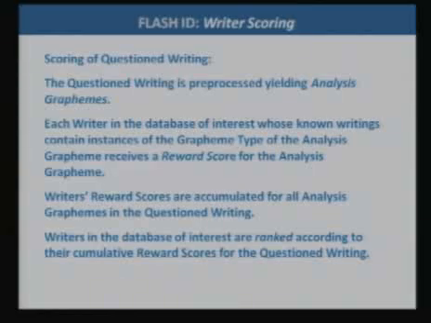And the way the scoring works, every grapheme from that question document, I'll call it an analysis grapheme, all writers whose known writings exhibited instances of that grapheme get a reward for that single grapheme. So if these two guys are in that class, I take that grapheme and I give each of them a reward. And I do that for every grapheme that we chunked out of that question writing.